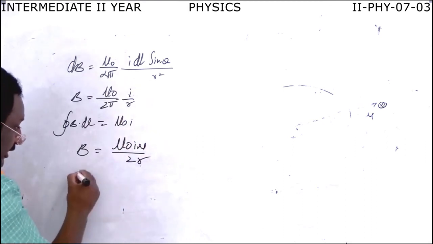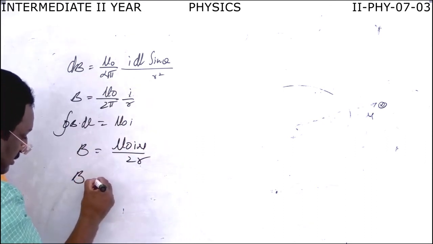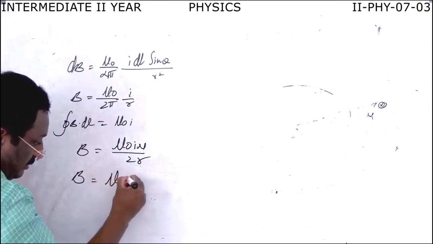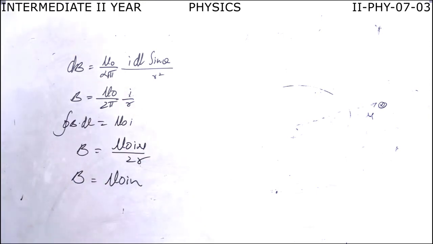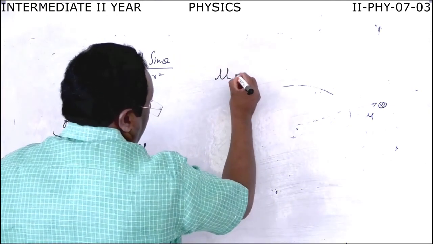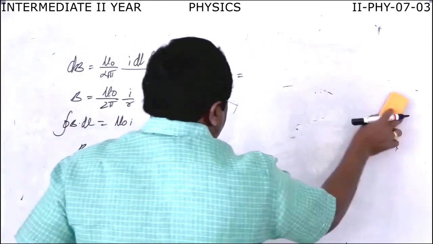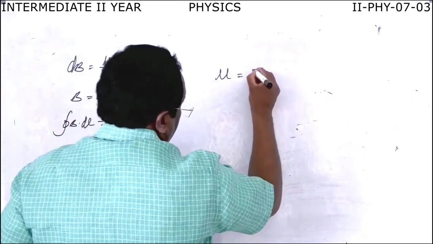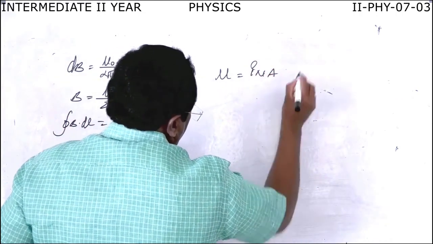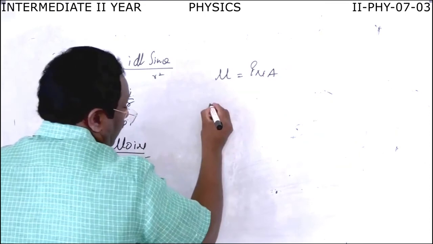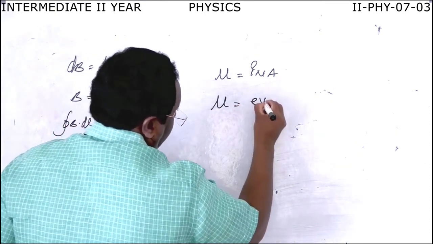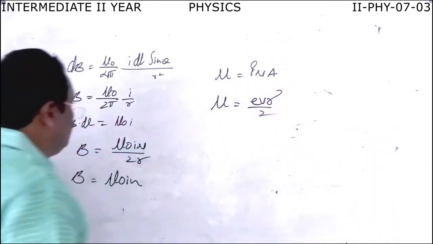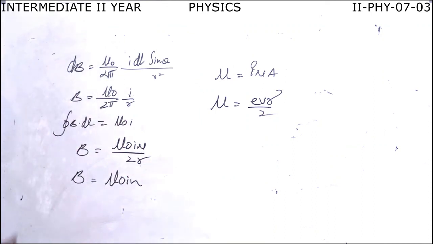We have also covered the magnetic field in a solenoid and toroid, the magnetic dipole moment of a current carrying coil, and the magnetic dipole moment of a revolving electron. So far, we have derived these formulas. So now the portion of magnetic field is ended.